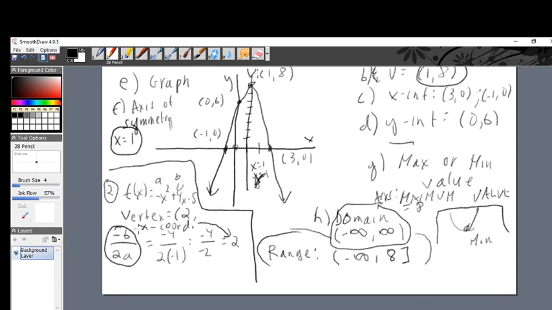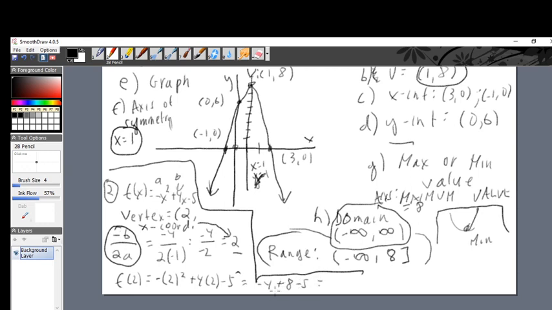What's the y coordinate? Take f of 2: plug 2 into the original. It becomes minus 2 squared plus 4 times 2 minus 5. 2 squared is 4, so it's minus 4 plus 8 minus 5.